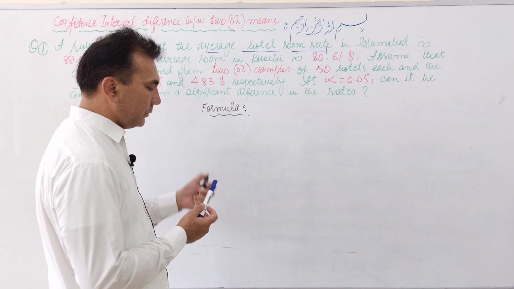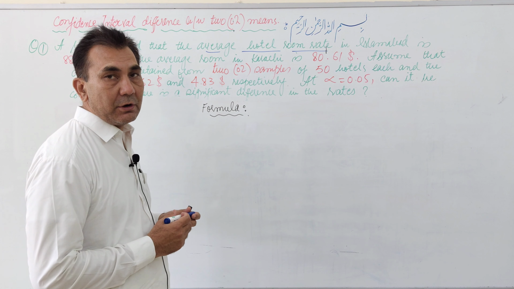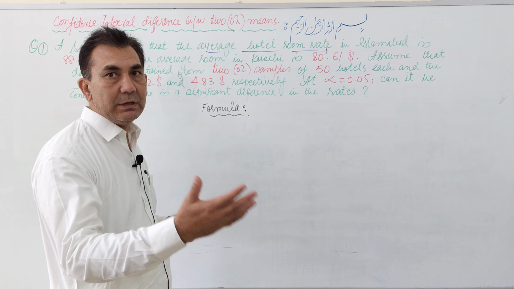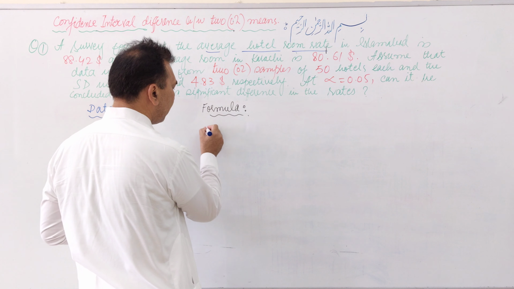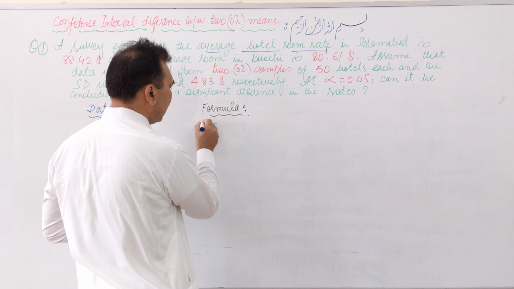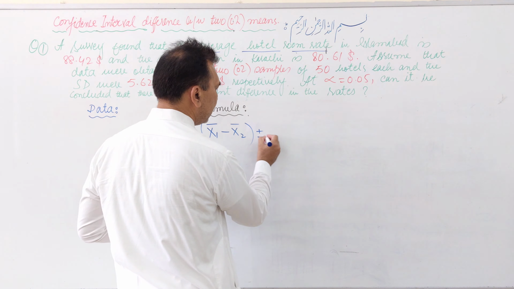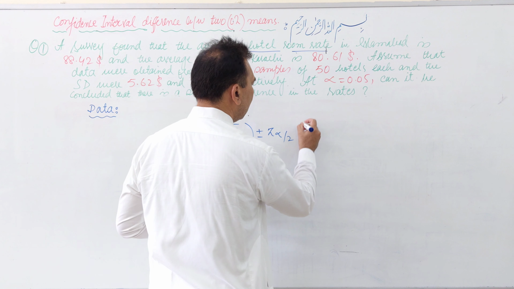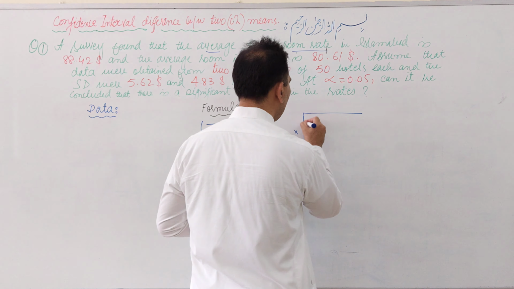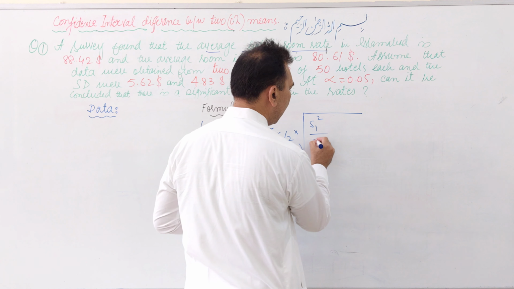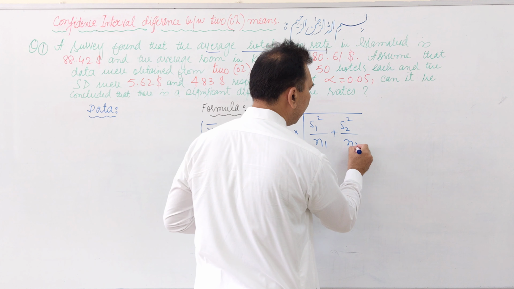First we write down the formula to measure the confidence interval of the difference between two sample means or population means: x1 bar minus x2 bar, plus minus z alpha by 2, multiplied by the square root of S1 squared divided by N1 plus S2 squared divided by N2.